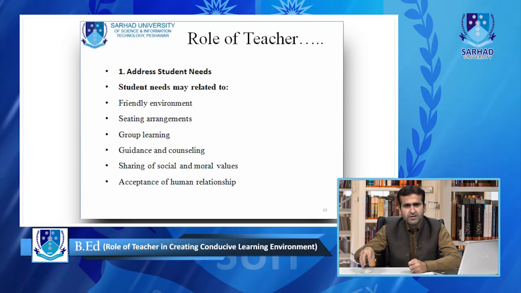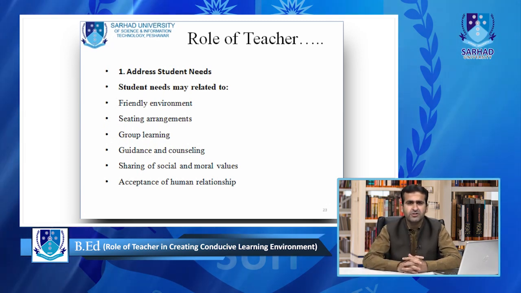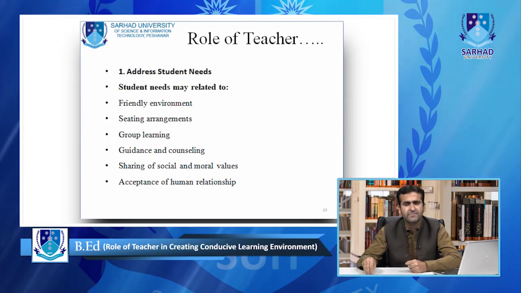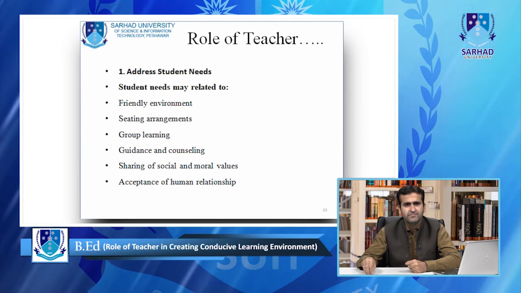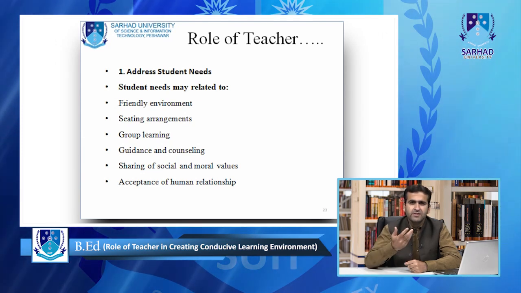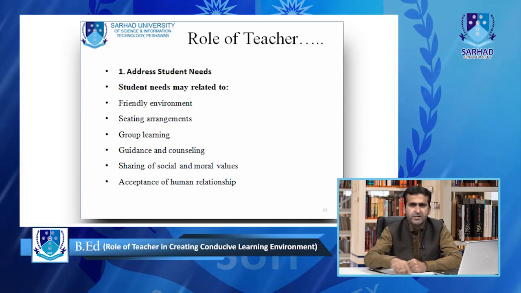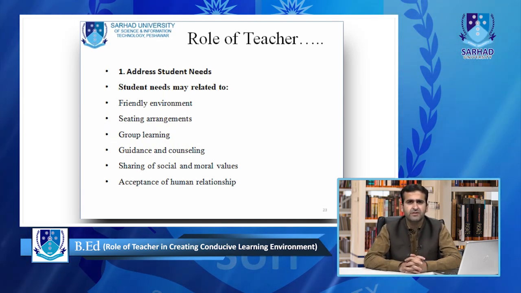Sometimes a student is feeling very uncomfortable in a particular situation or condition, or feeling very unfavorable. Or simply we can say the student is not satisfied with their own position because of the friends he or she has around him or her.